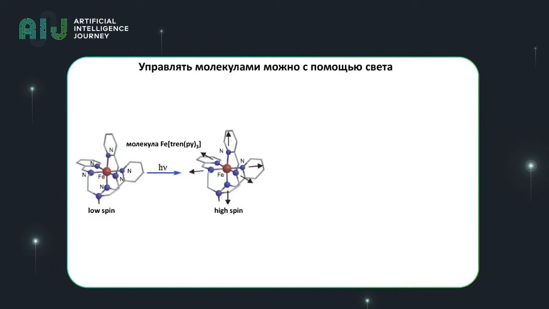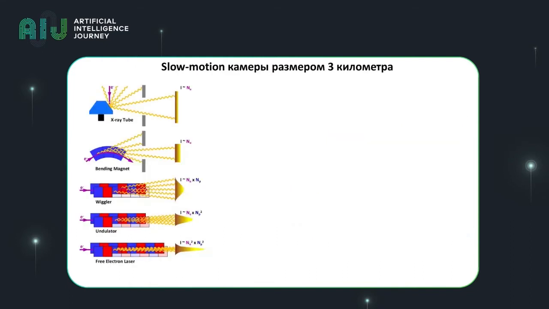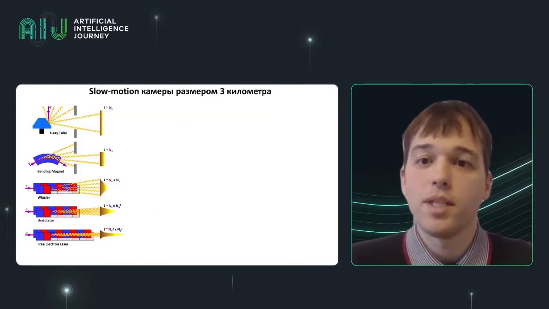In the experiments held by the scientists, a short laser impulse affects the molecule and changes its state from one to another. And using these spectrums of X-ray absorption, we can understand how it behaves in different situations.